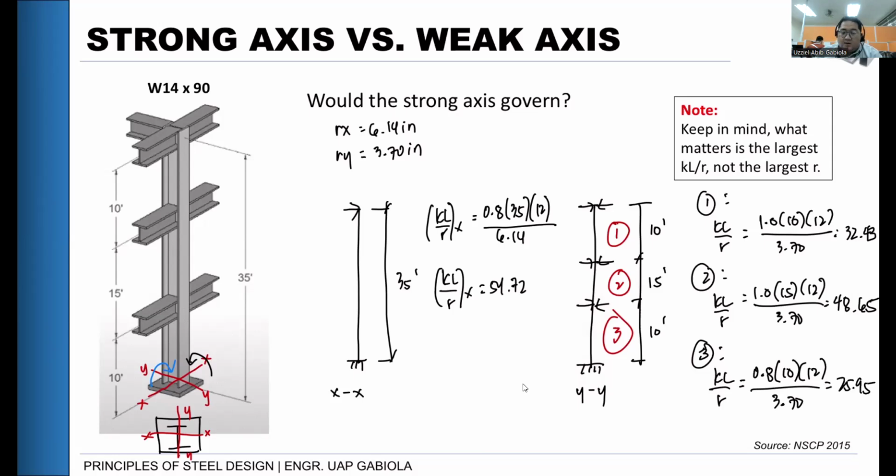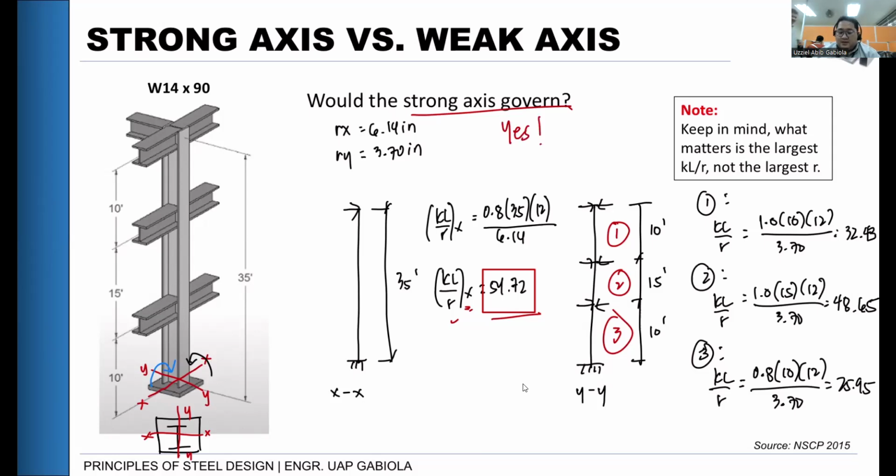So comparing all of the values ng KL over R, as we can see, ito yung largest value, yung nasa X natin. Doon sa tanong, would the strong axis govern? Since ang pinakamalaki is KL over R ng X, strong axis natin, ang answer is yes. Si strong axis yung mag-govern natin.